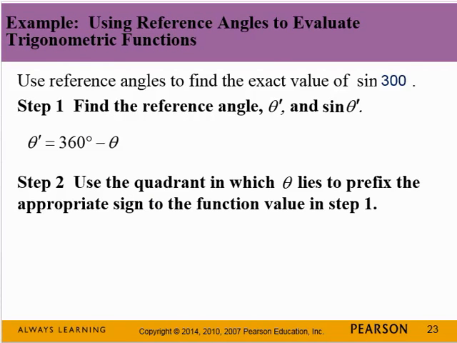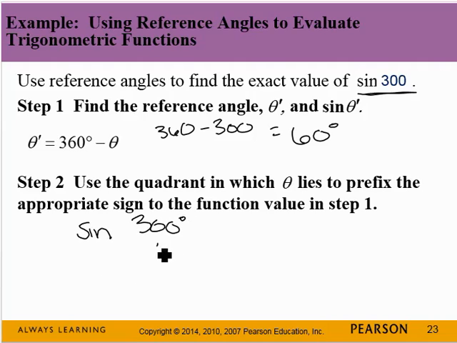Looking at this example, find the reference angle for sine. It tells us sine 300 at the top. So you have 360 minus 300 equals 60. Step 2 is you want to take sine of 300.